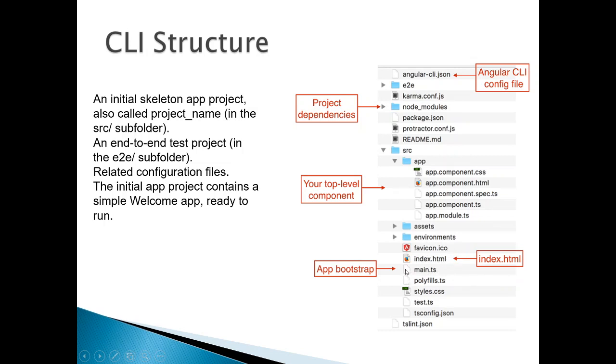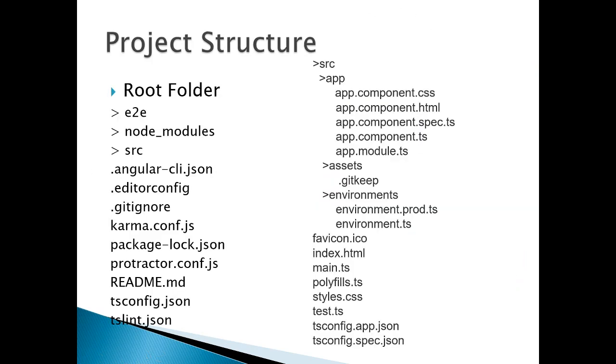Main.ts is basically the app bootstrap. This is the whole structure which I have explained to you. Same root folder, root component. This component will always serve as the root component, and any other component will be a child component of app component.